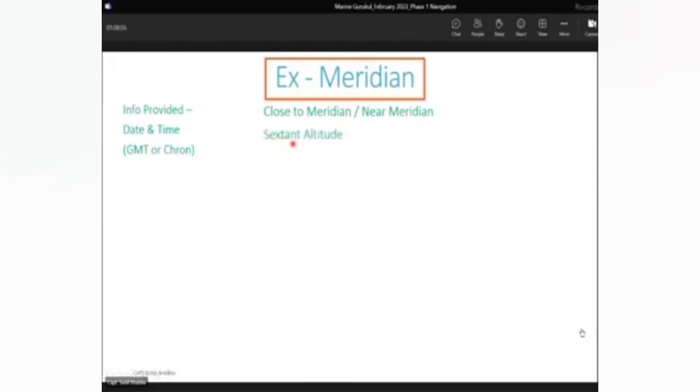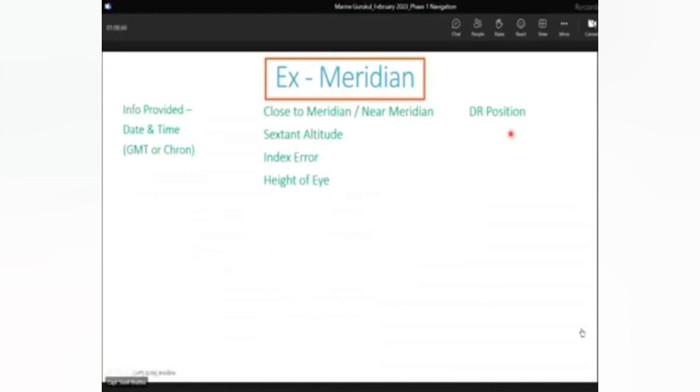Along with it, we will have the sextant altitude of the body, and as usual, the index error, the error of the instrument, the sextant, and the height of eye provided to us for dip correction. And we will also have the DR position given in these questions. This is almost similar to what was there in long by chron or Intercept, with only one addition: an indication is given that the body is close to the meridian or near the meridian.